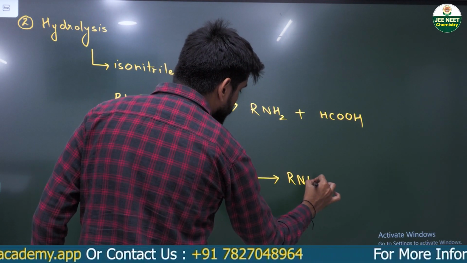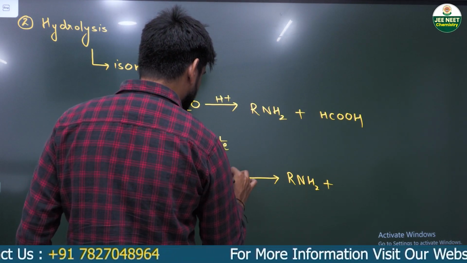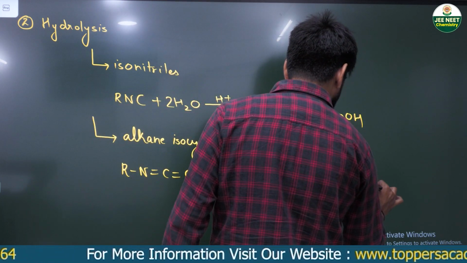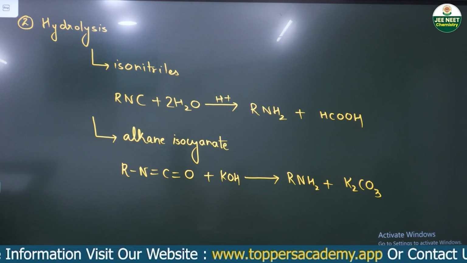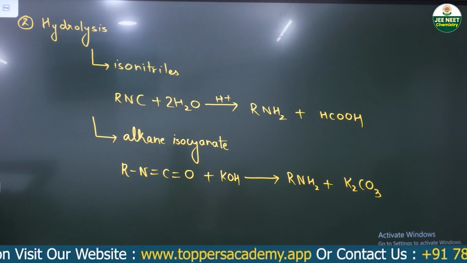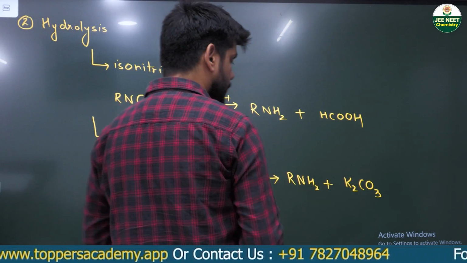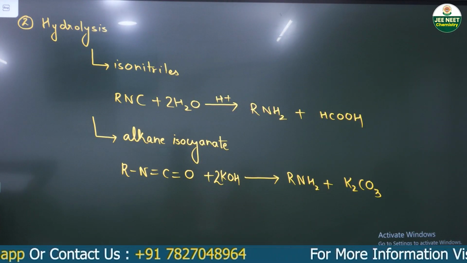Let us say alkaline hydrolysis in the presence of KOH, and what else you get is K2CO3. If you want to balance it, put 2 here. Is that clear to everyone?